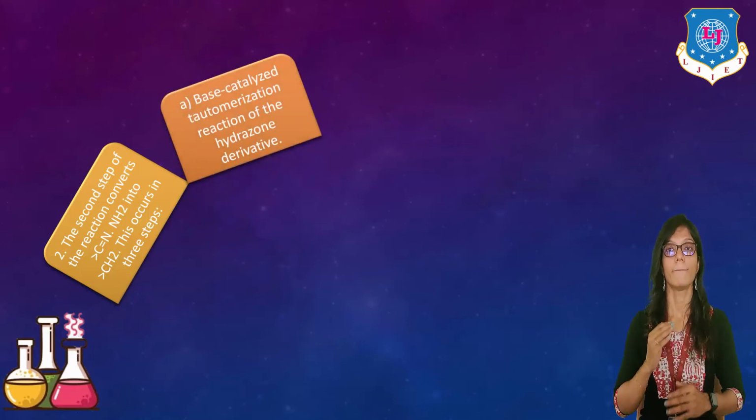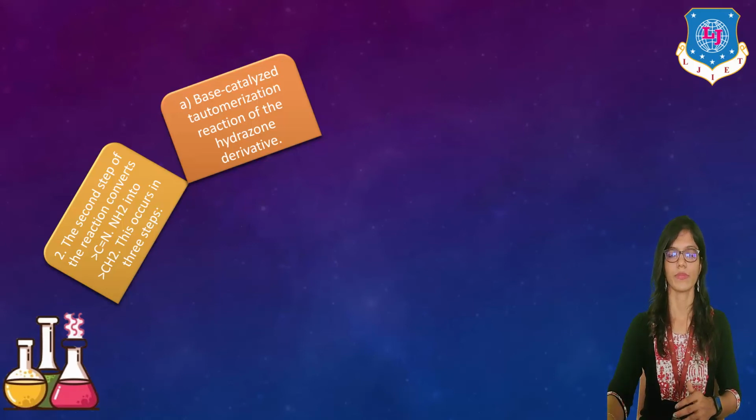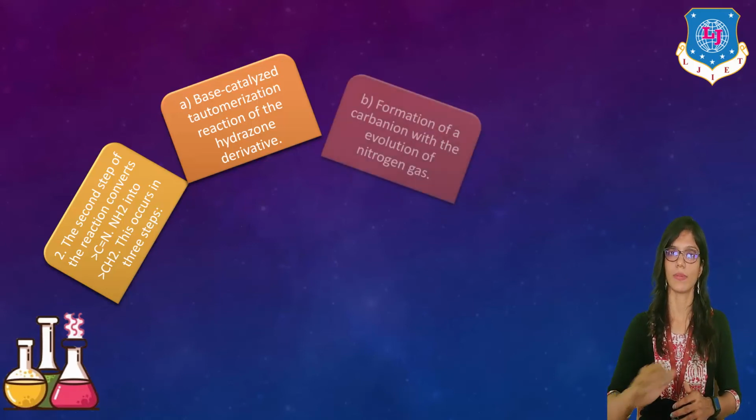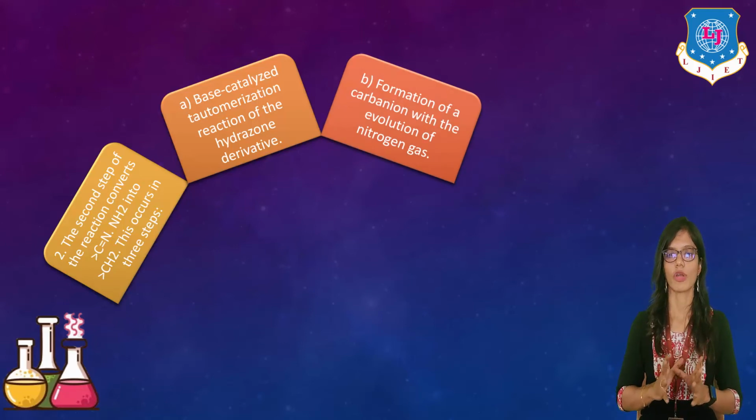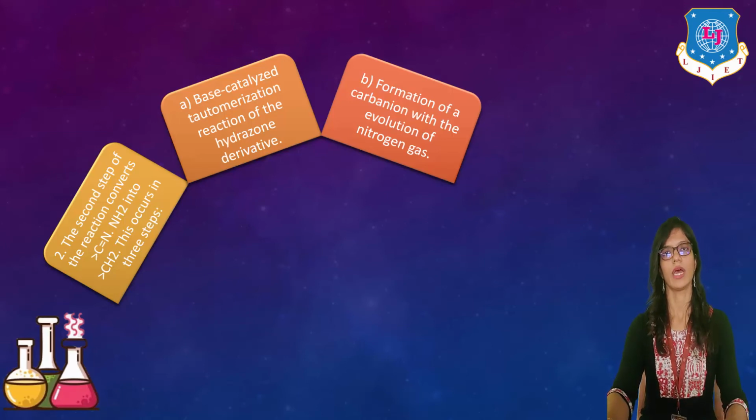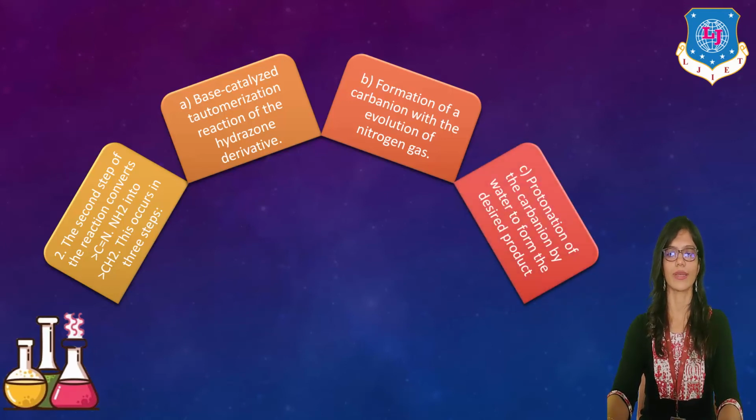So first sub-step A, the base catalyzed tautomerization reaction of the hydrazone derivative occurs. Sub-step number B, formation of carbanion with the evolution of nitrogen gas. And step number 3, the protonation of the carbanion by water to form the desired product.